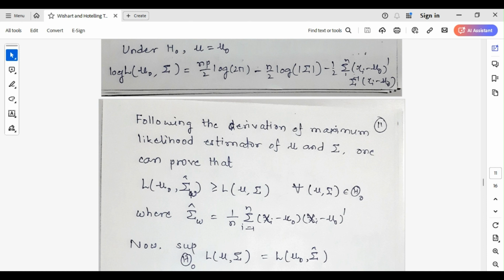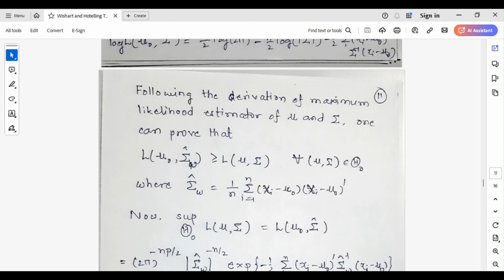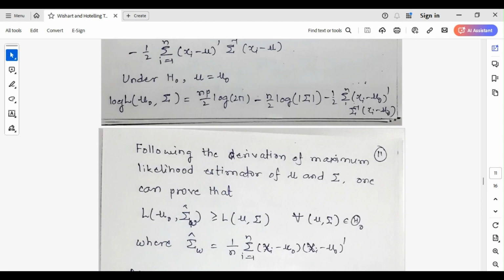Now we need to get the supremum of the likelihood function over script theta naught, so we need to identify this sigma as well. So identify the MLE of sigma when mu equals mu naught. Now the maximum likelihood estimator of sigma is summation xi minus x bar into xi minus x bar transpose.